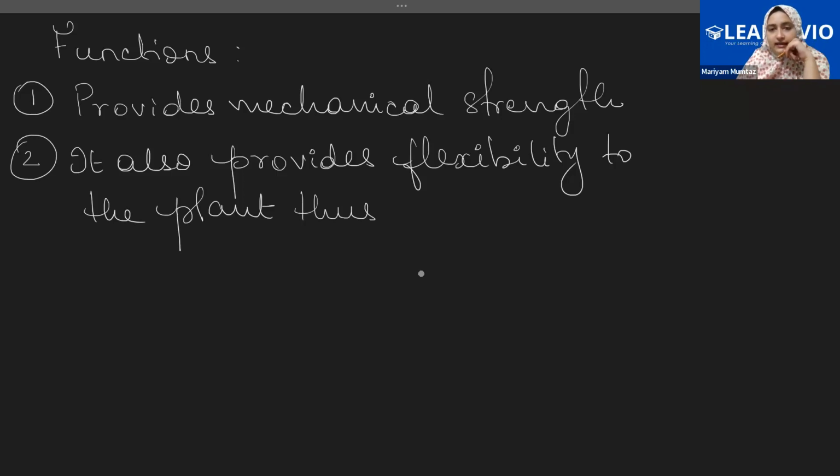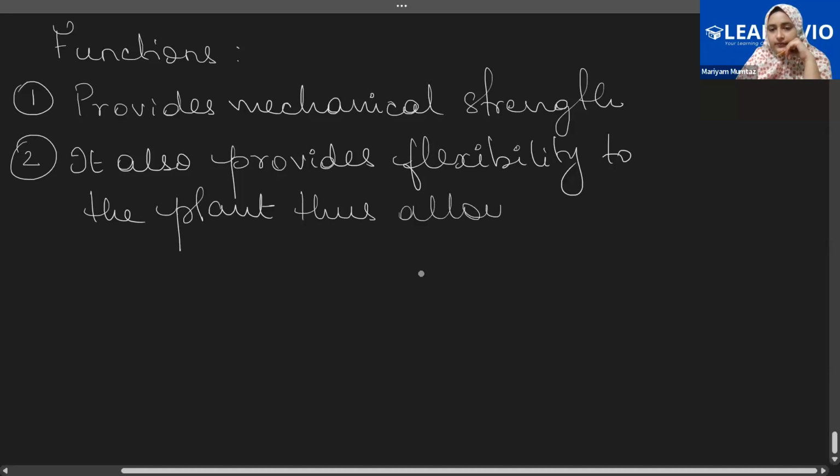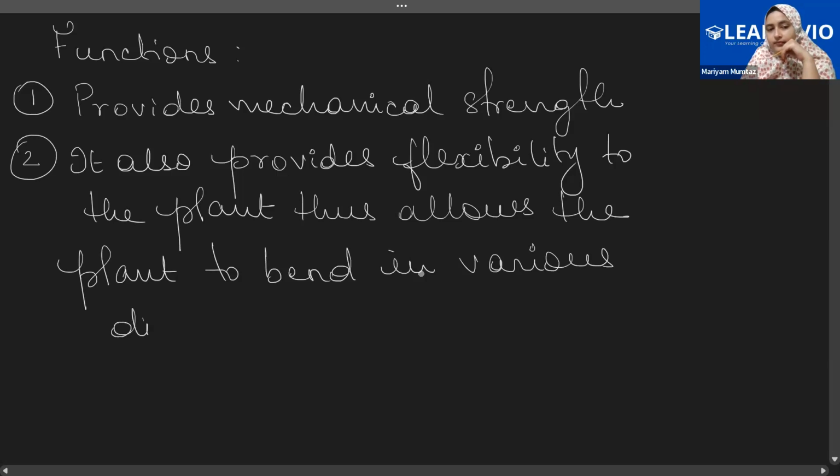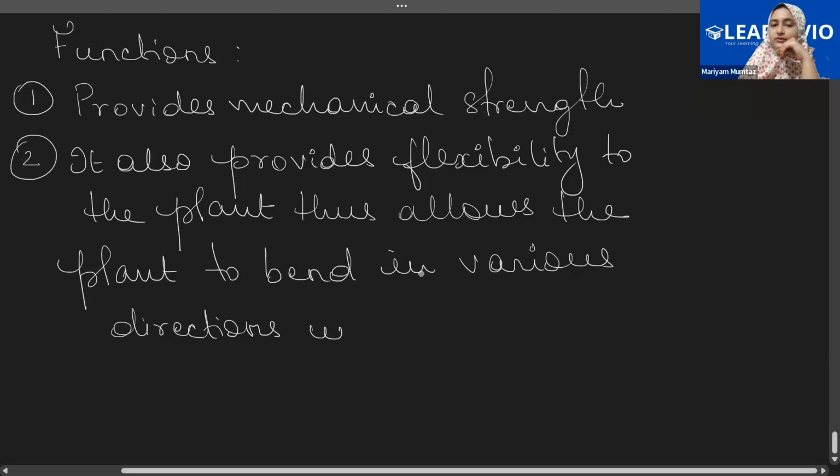So it allows the plant to bend in various directions without breaking.